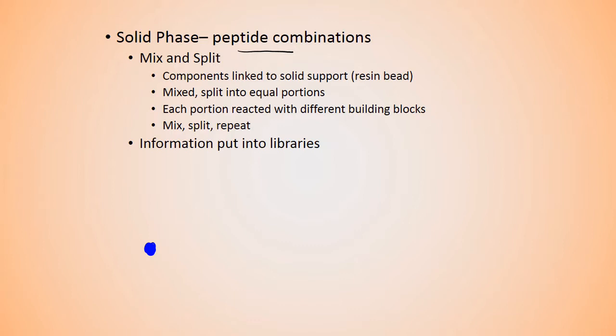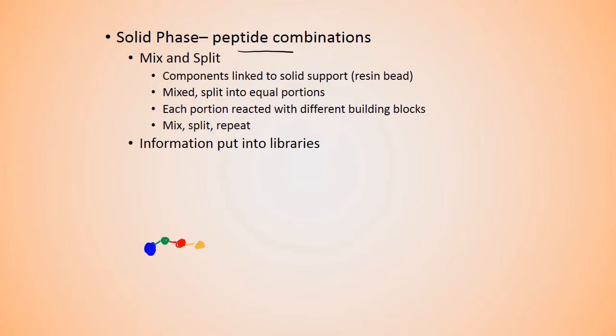On that resin bead, what we put into the resin bead solution that we have is a peptide. And so we have that peptide, and we're like, okay, so that gives us one amino acid. We're like, that's not the amino acid we're looking for, so we're going to attach another one, and we're going to attach another one, so on and so forth until we get the combinations in which we need.